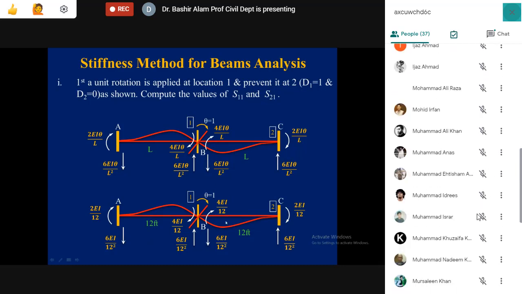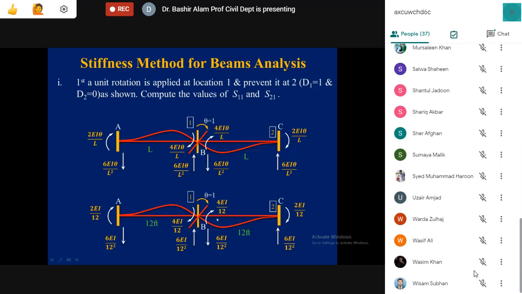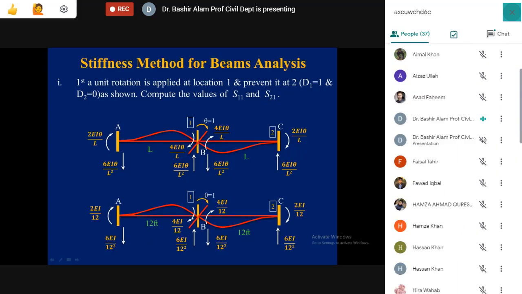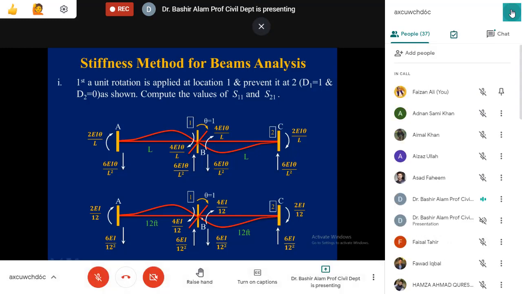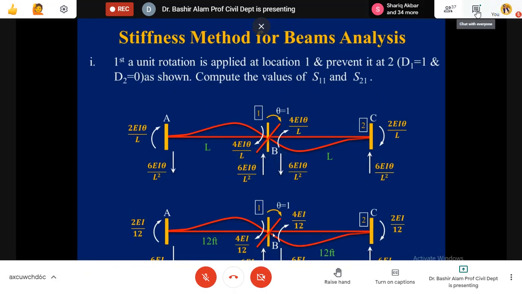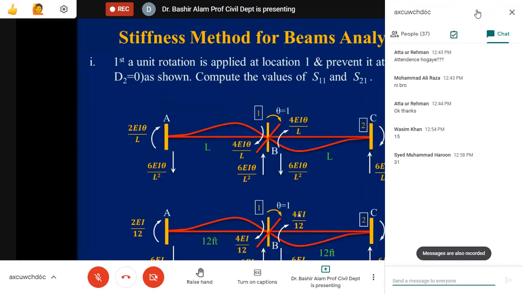Clockwise, look, when it is clockwise rotation, both member end actions produced will be clockwise. So how do we think about plus and minus in that case? Here it will be 4EI over L1, plus 4EI over L2, so it will become 8EI over L. And what will be S21?